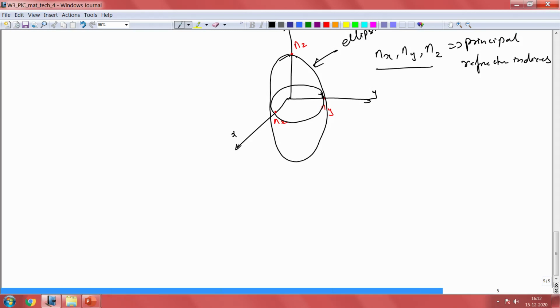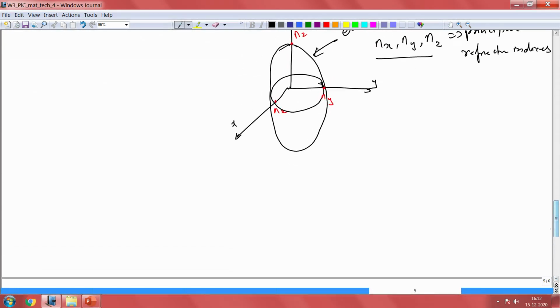So when you take any propagating wave, you represent it as a function of position and time, space and time. So this is nothing but your electric field in x, y and z.